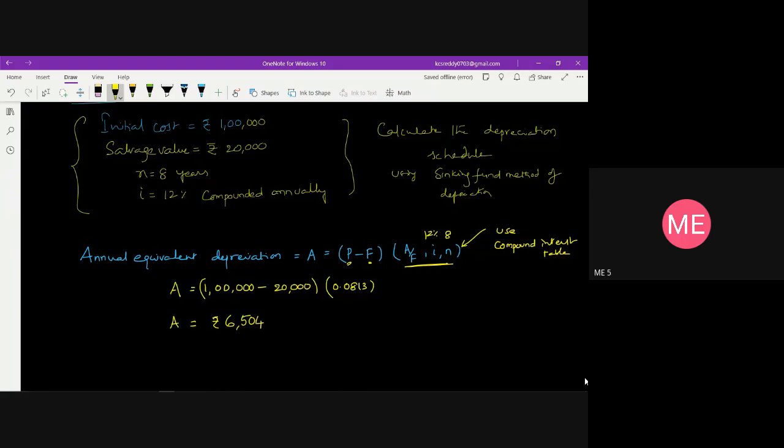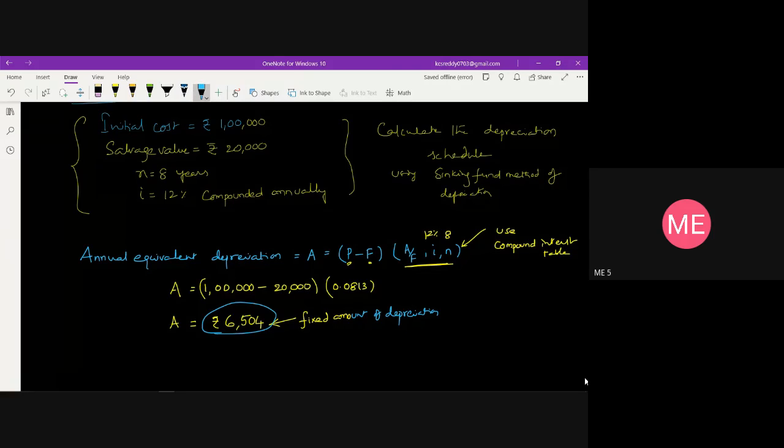This is the fixed amount of depreciation. This 6504 will be taken every year. In addition to this, at the end of every year, interest will be earned.